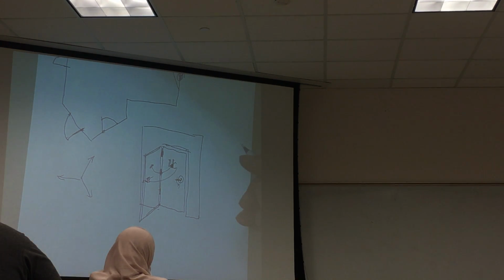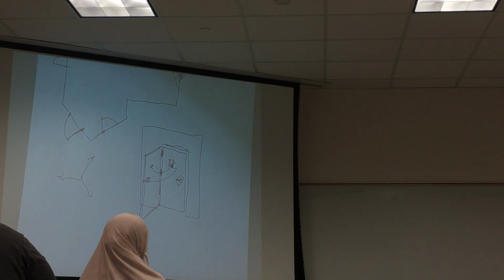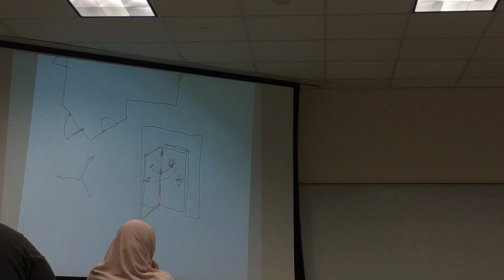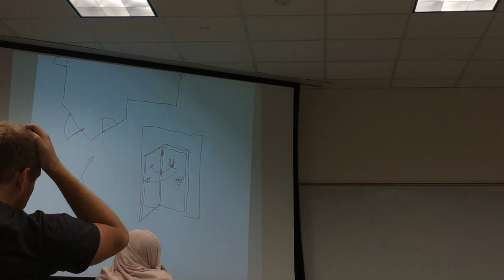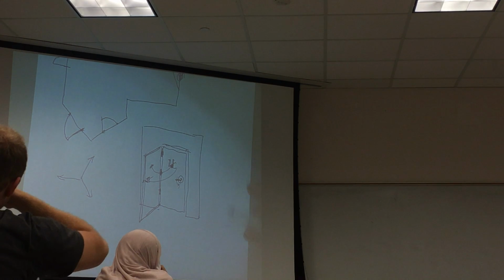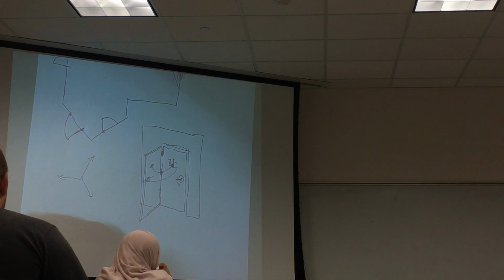Okay, let's see one numerical example. One numerical example from the book. Can you define the question one more time? The question is, okay, so let's see from the original.